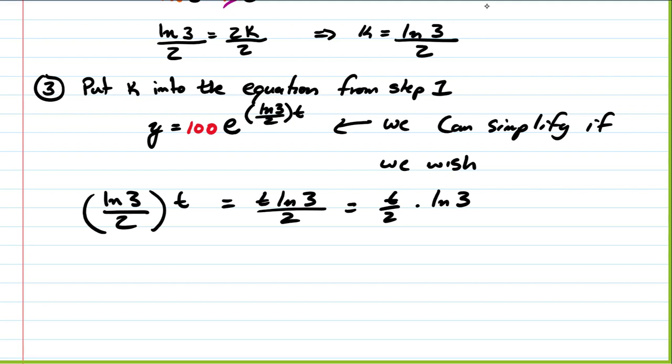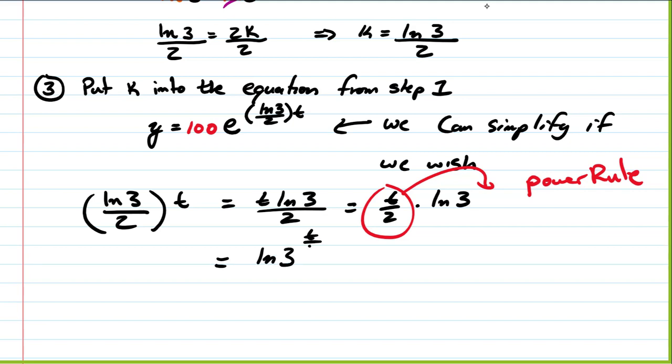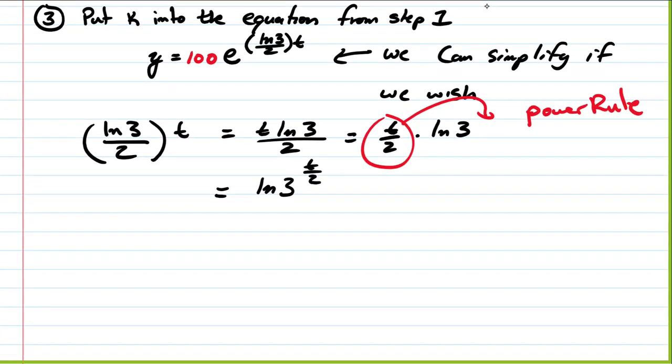And then by our power rule for logarithms, we finally get that that is the same as the natural logarithm of 3 raised to the t divided by 2. If I put that back into my original equation, I get y equals 100 e to the natural logarithm of 3 raised to the t over 2. But the e and the ln are inverses, so they reduce out, and this simplifies down to 100 times 3 to the t divided by 2.